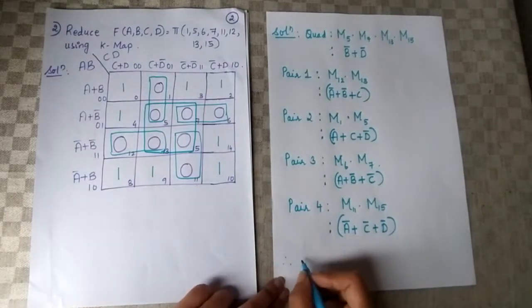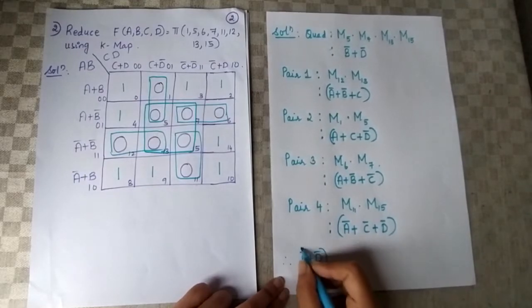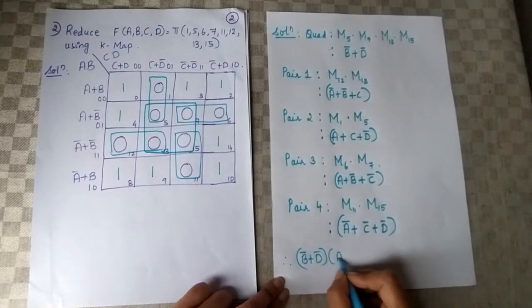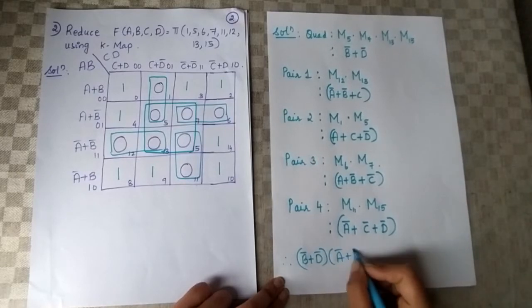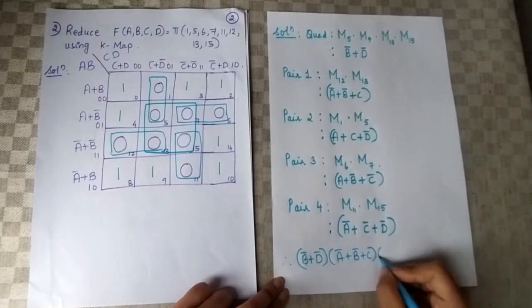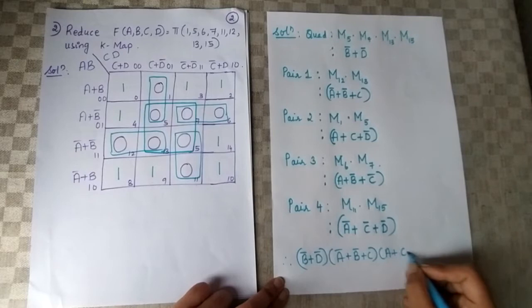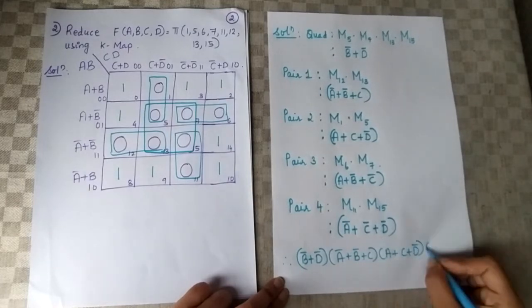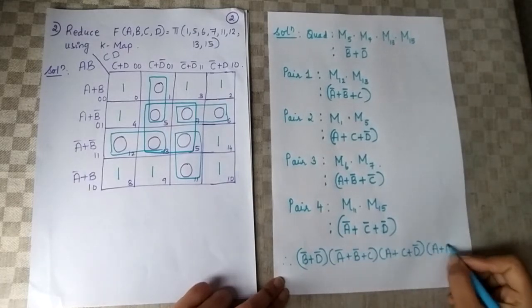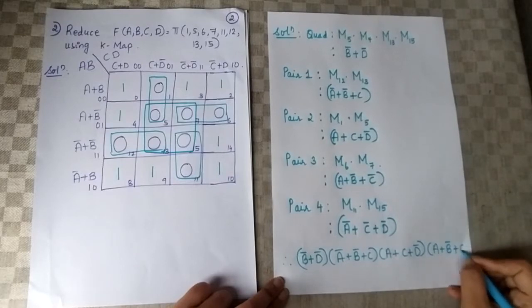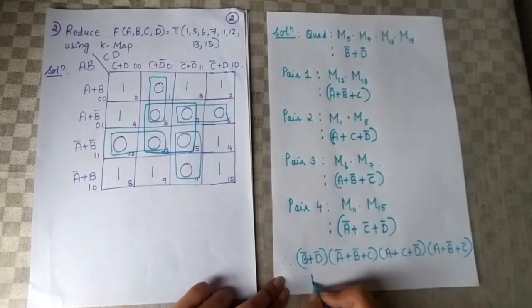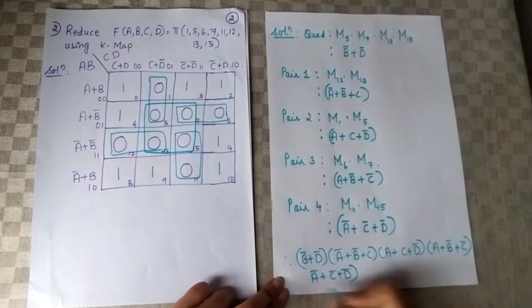Therefore, your final expression will be B complement plus D complement, A complement plus B complement plus C, A plus C plus D complement, A plus B complement plus C complement, and A complement plus C complement plus D complement.